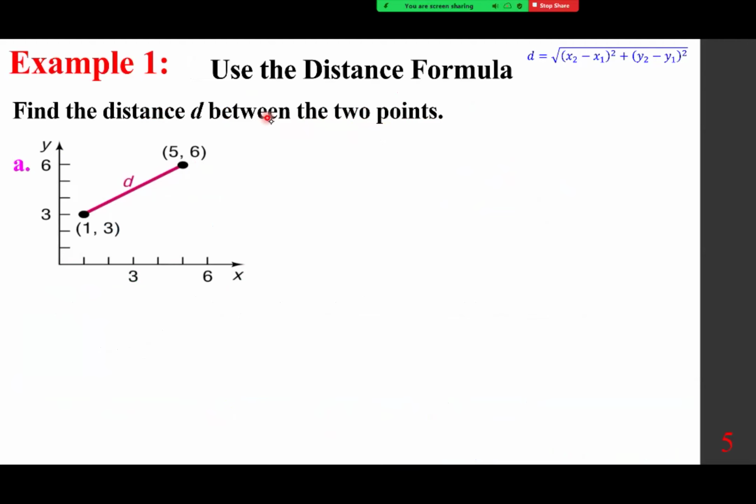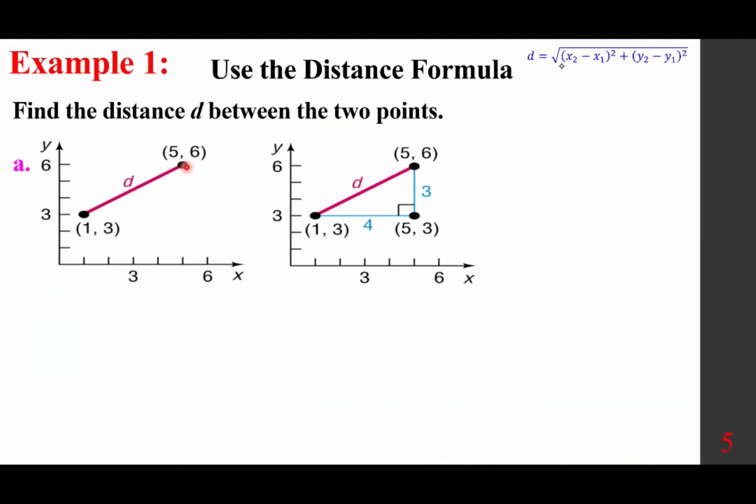Find the distance d between these 2 points. One has coordinates 1, 3, the other one is 5, 6. We just follow that and we put it in. So basically we can draw this and we say 5 minus 1, that would be x sub 2 minus x sub 1, which is 4.